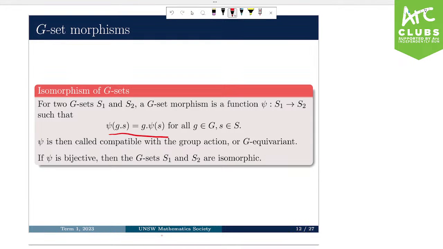What this says is that it doesn't matter if you apply phi before or after letting the group elements act on the set elements. If we have this, then phi is called compatible with the group action, or G-equivariant. And as usual, if the morphism is bijective, then it turns into an isomorphism.